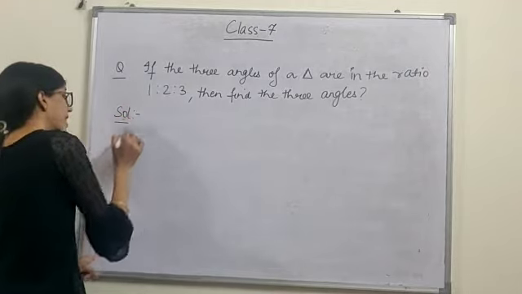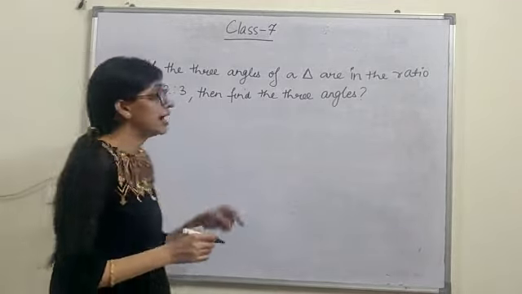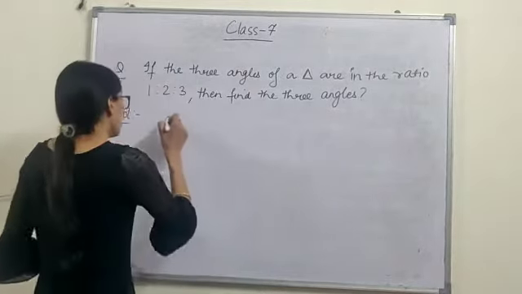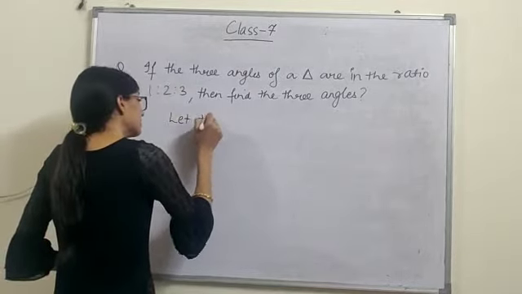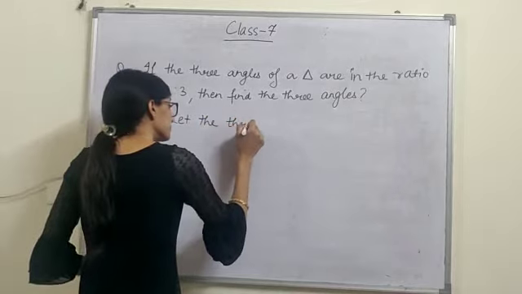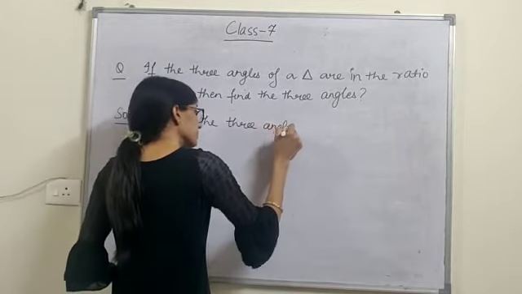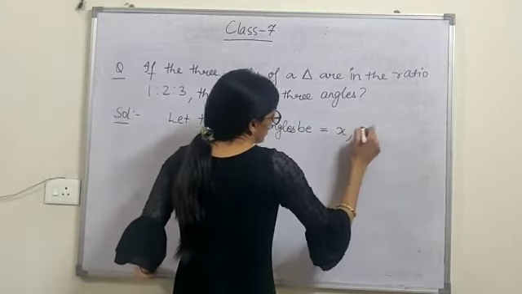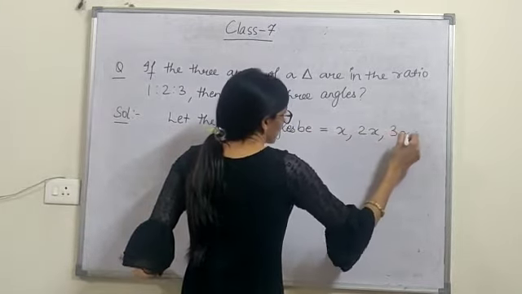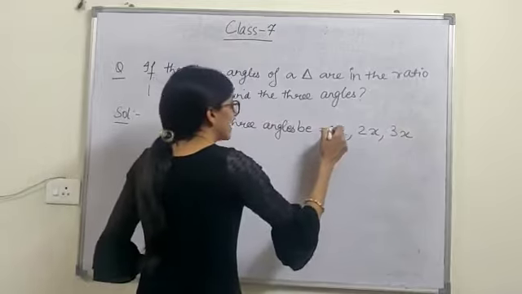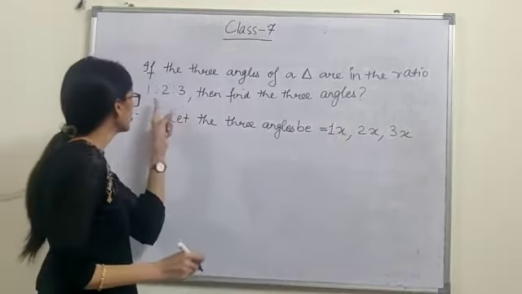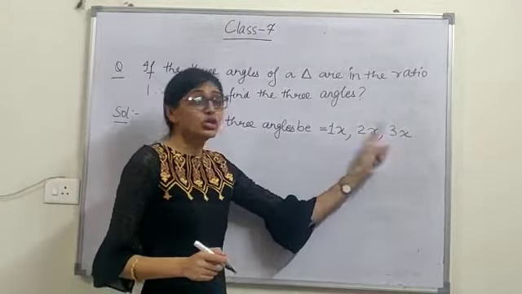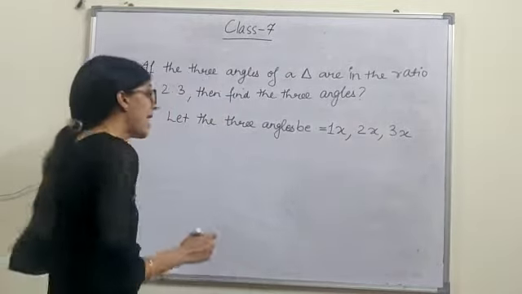So whenever the angles are given in ratio, you have to convert that ratio into x. So let the three angles be x, 2x, 3x. You can write it as 1x also because 1:2:3. So 1x, 2x, 3x, these are the three angles.